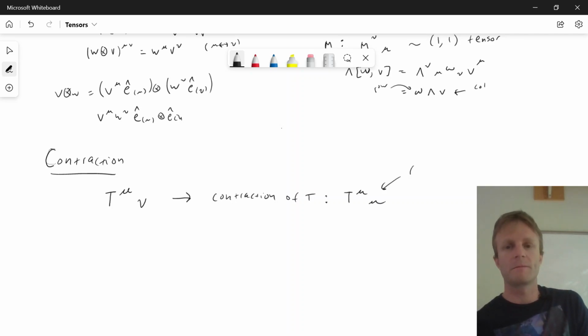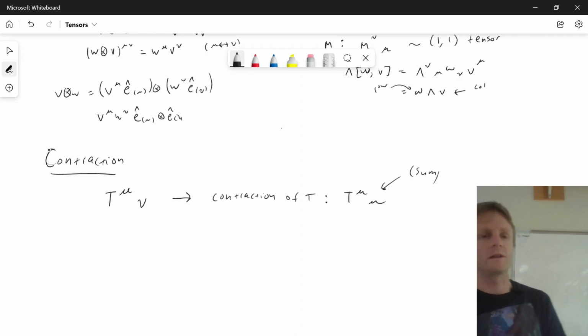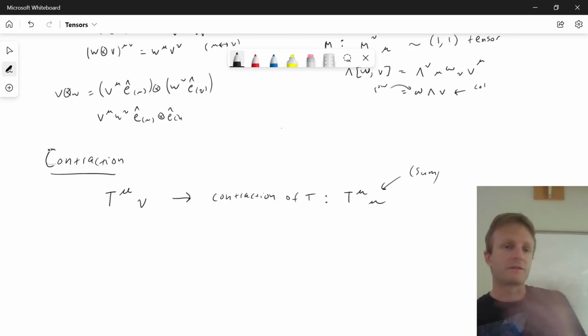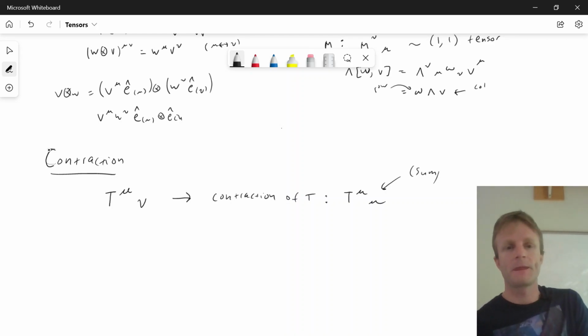Remember, there's a sum. So if you take one up index and one down index, and you sum over them, that defines a perfectly good tensor. And it's a very useful operation.